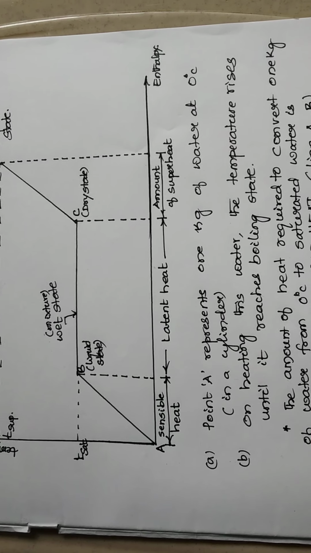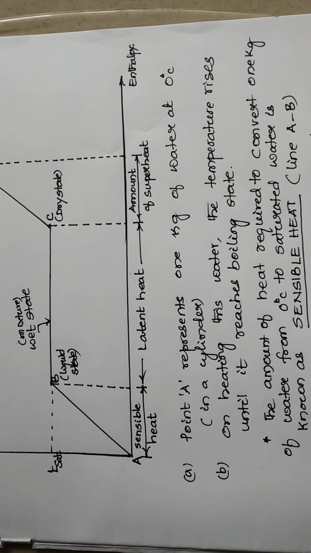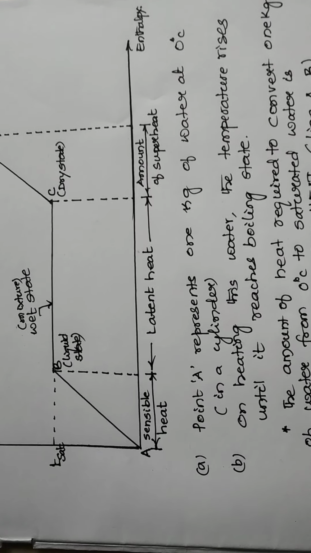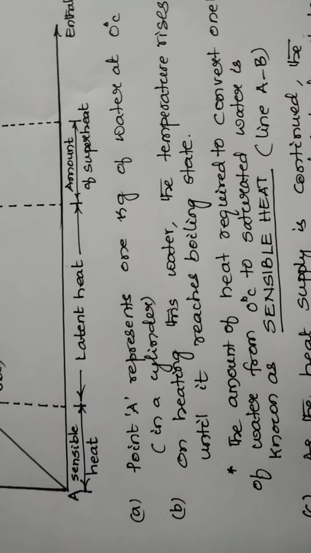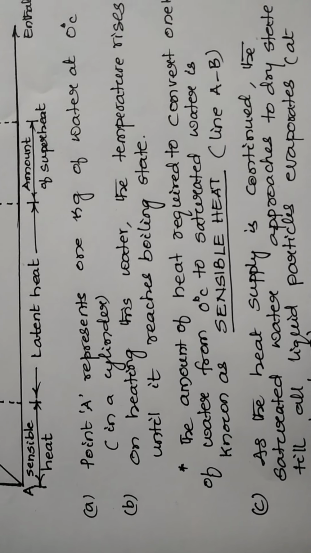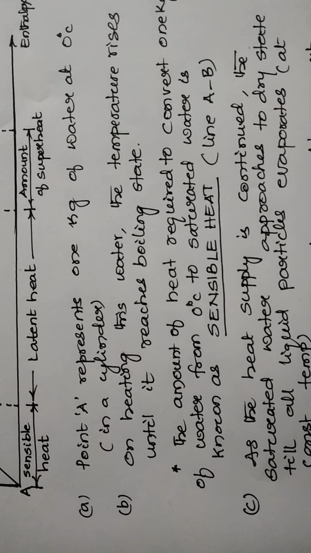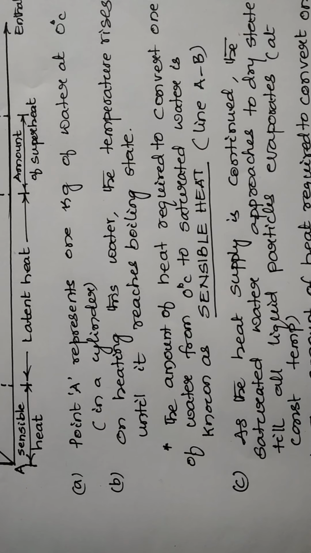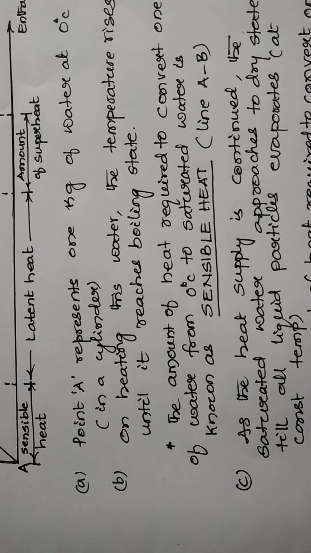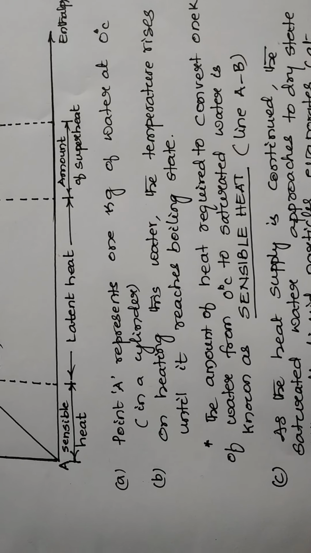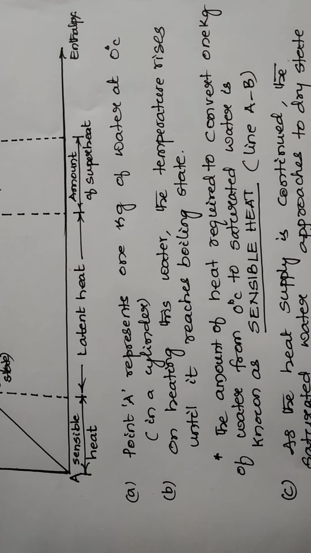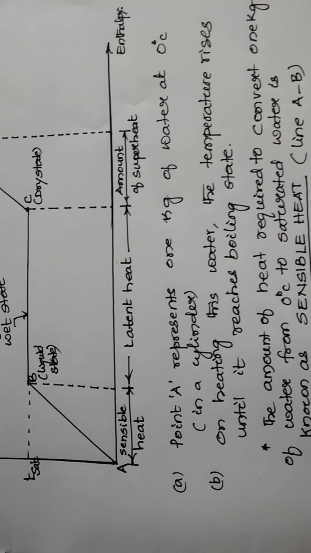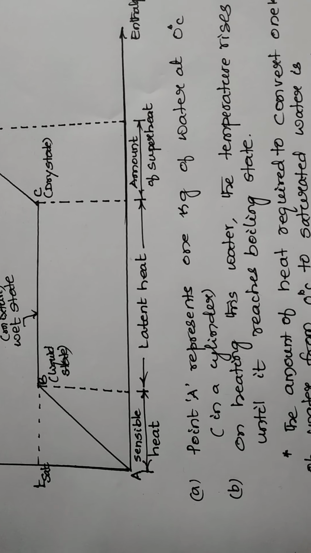On heating this water, the temperature rises until it reaches boiling state. Therefore, the amount of heat required to convert 1 kg of water from 0 degree centigrade to saturated water is known as sensible heat, and this is represented by line AB on the diagram.